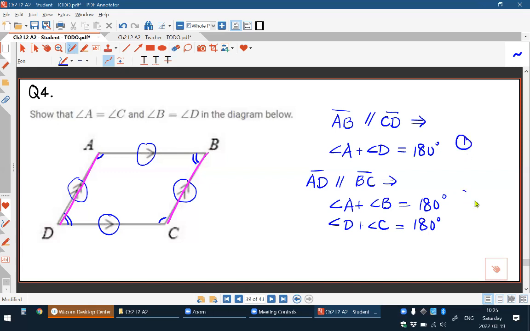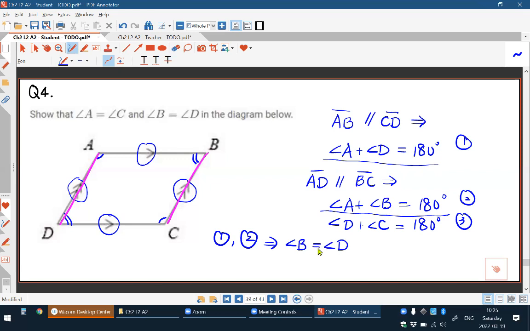So let's call these 1, 2, 3, respectively. From 1 and 2, if angle A plus angle D is 180 degrees, and also angle A plus angle B equals 180 degrees, that gives us angle B must equal angle D, right? So that successfully shows that angle B equals angle D. And how do we show angle A equals angle C?